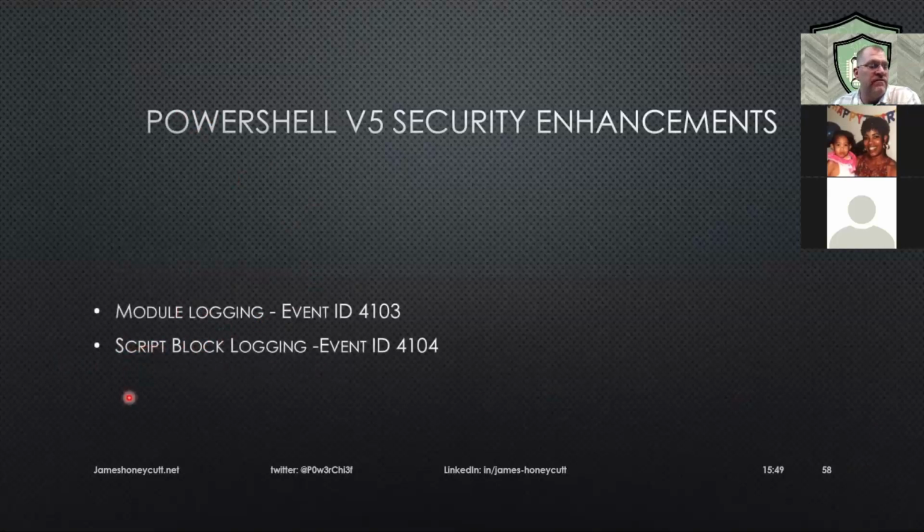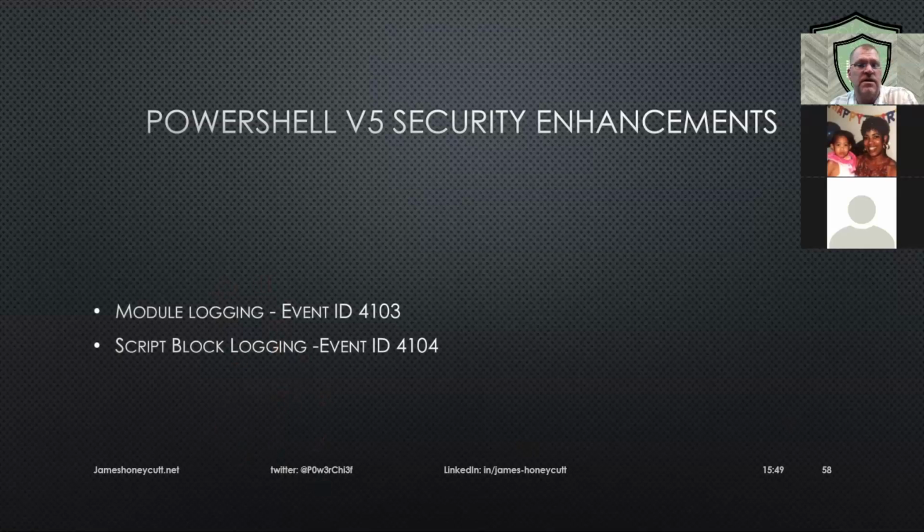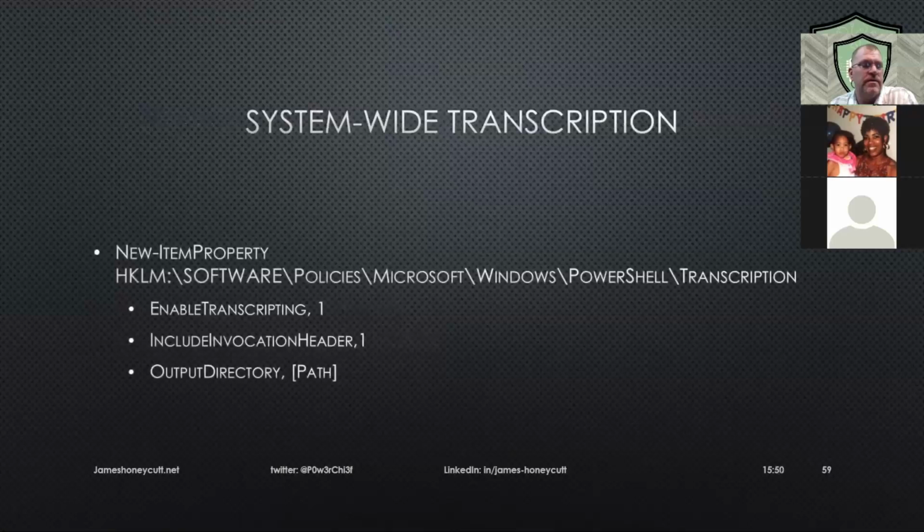In the notes section of this slide, there are the registry keys that you need to set to enable these. They are not enabled by default. So if you're auditing any Windows machines, I would make sure those are turned on. Just grab these slides and look at the notes section.